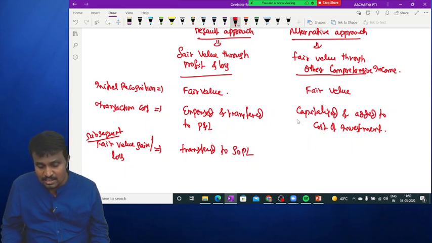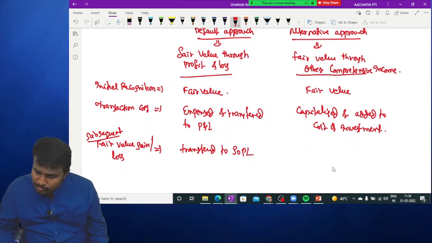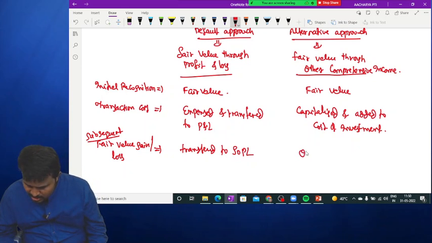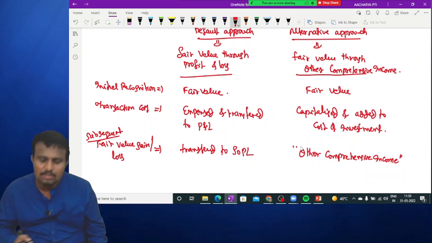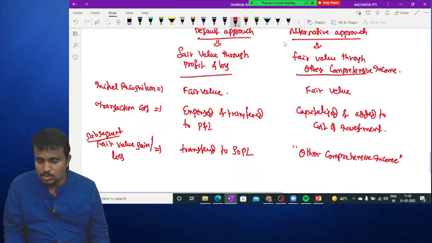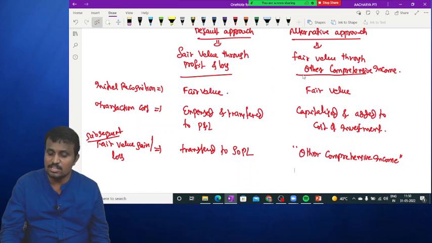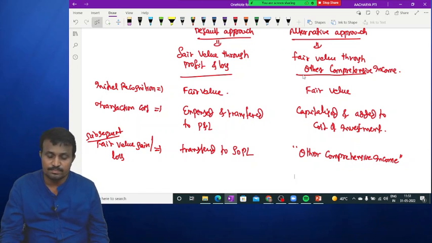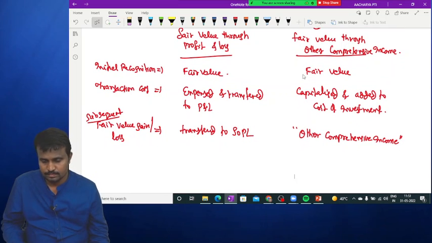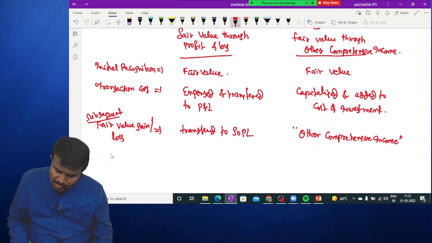And in case of the alternative approach, that is transferred to what? Other comprehensive income. Is it clear, everyone? Yes, sir.